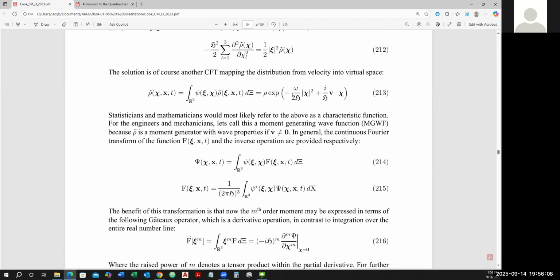So if you look at 213, when there is no mean velocity v, it's actually a Gaussian. But when there is a mean velocity, then we have the imaginary number, and this becomes a complex valued wave function.